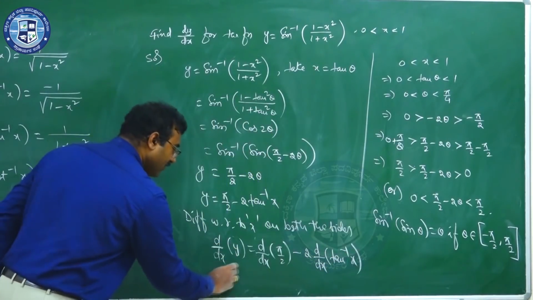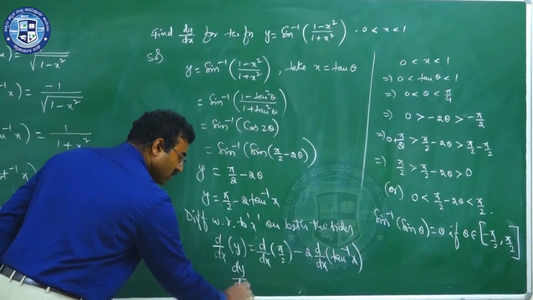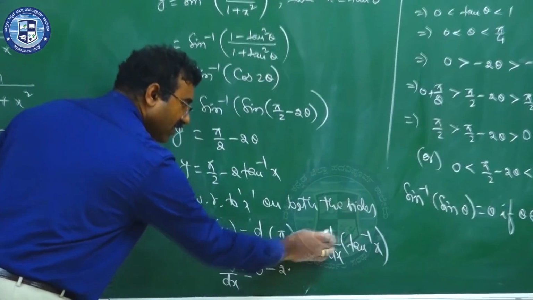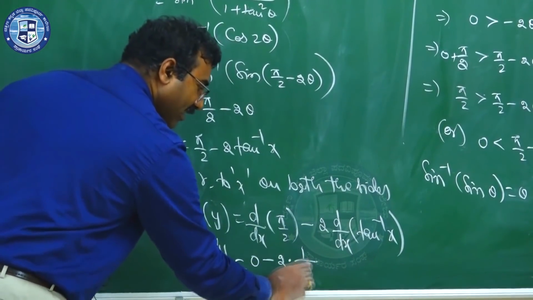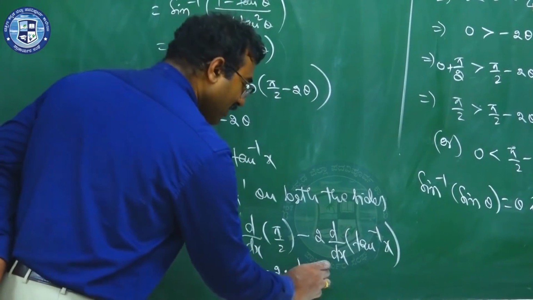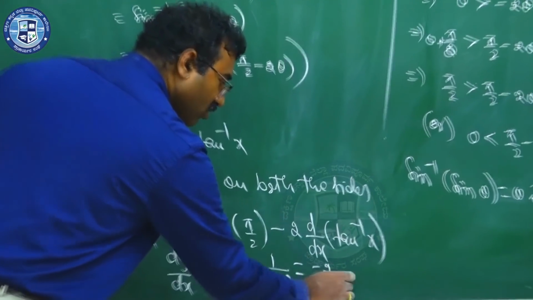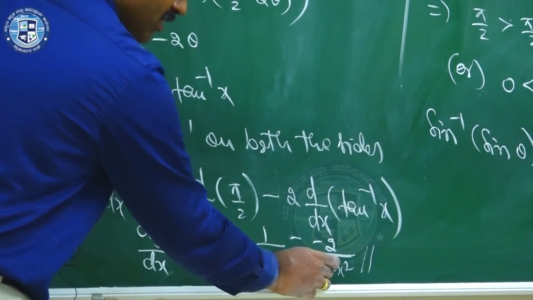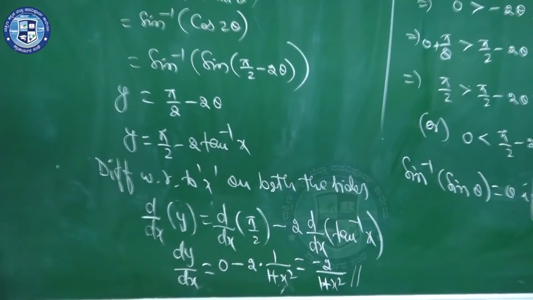So dy by dx: d by dx of a constant is 0, minus 2 into d by dx of tan inverse x, which is 1 by 1 plus x square. So the final answer is minus 2 by 1 plus x square.